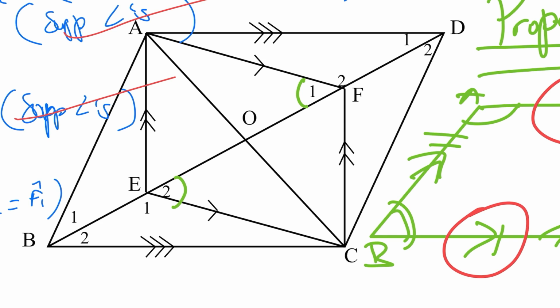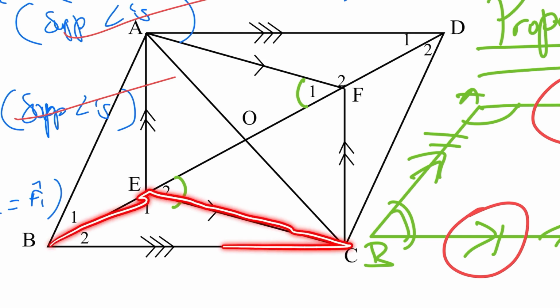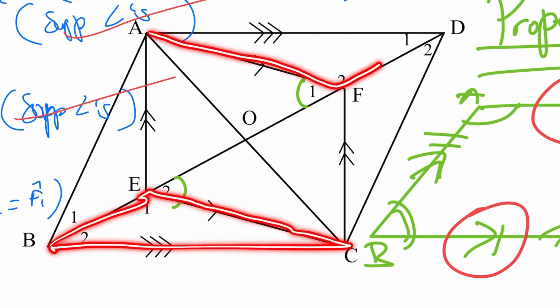So what you can do is, if you can prove that this triangle here is similar to this triangle here, then this side and this side will be equal. Therefore, if this side and that side are equal, it's a parallelogram, right?